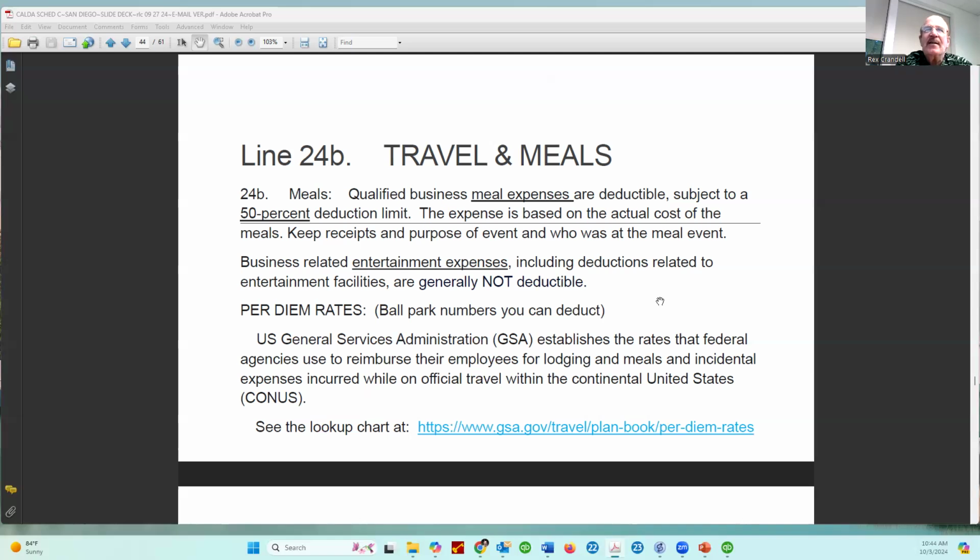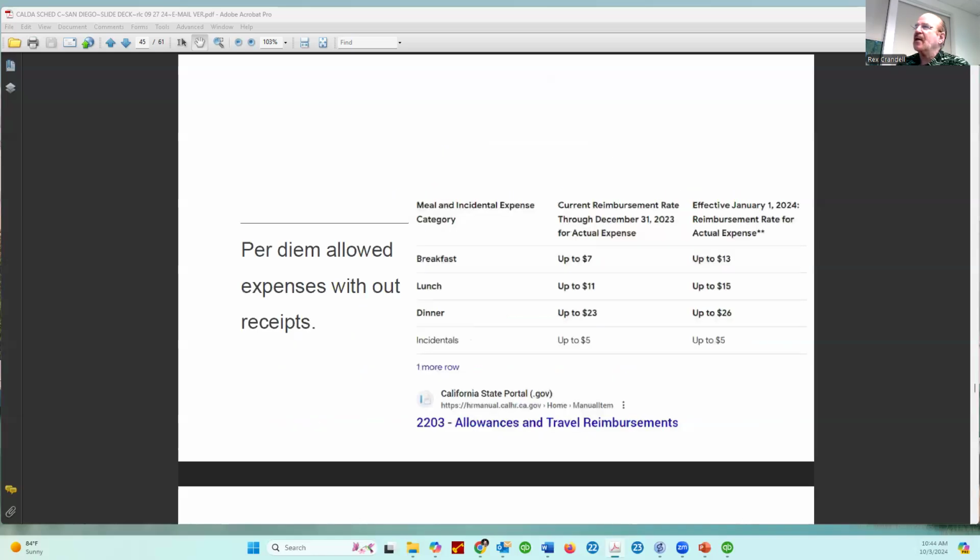You can find these per diem rates at www.gsa.gov/travel. And so what we're talking about here is they give you standard rates for meals and standard rates for hotels. And oftentimes it's based on the location of the part of the country that you're in.